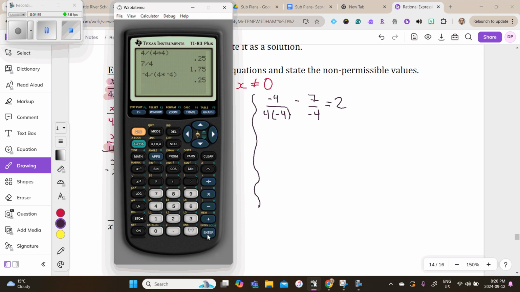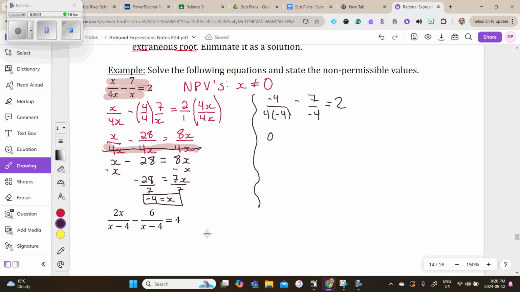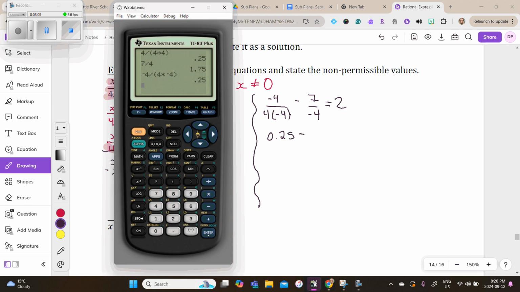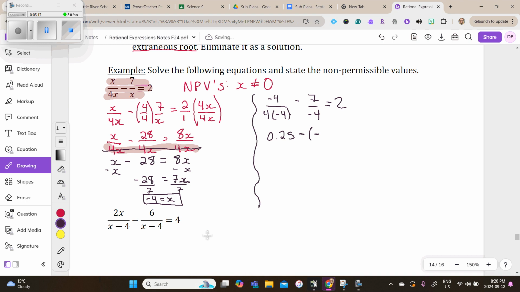That gives me 0.25. I'm just going to write that down. Then I'm going to subtract 7 divided by negative 4, negative 1.75, minus negative 1.75.